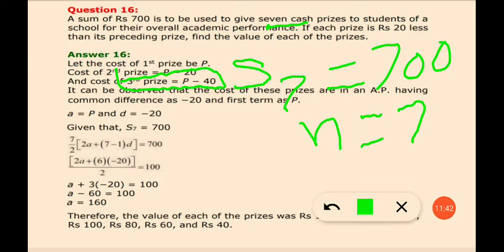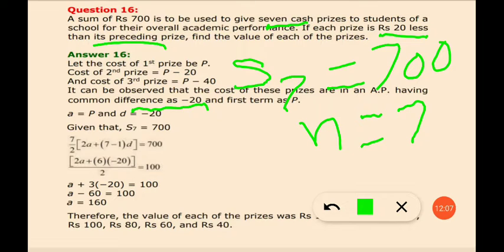So what will be the common difference? The common difference will be minus 20, because it was 20 rupees less than its preceding prize. It is going in decreasing order. So P minus 20.